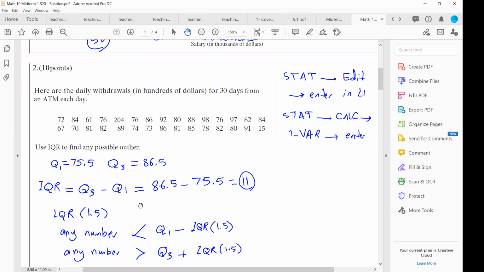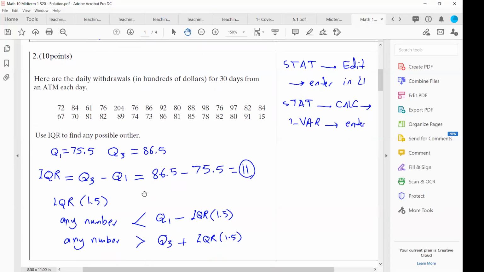In the next step, you multiply the interquartile range by 1.5. 11 times 1.5 is 16.5.